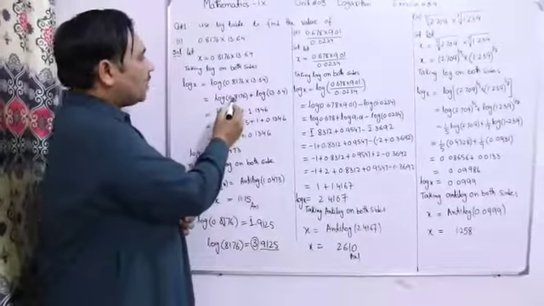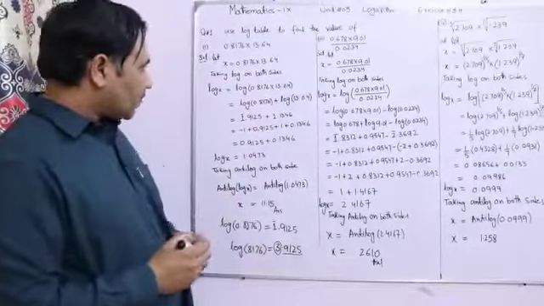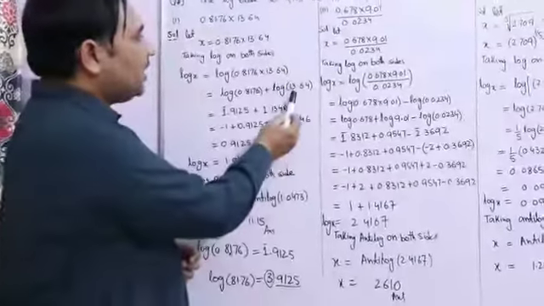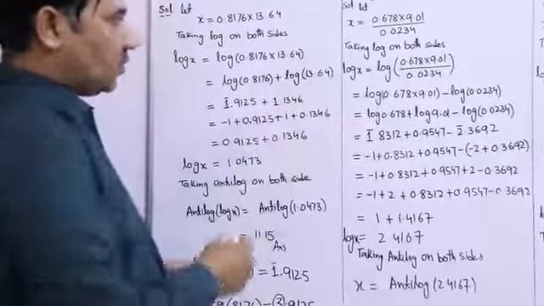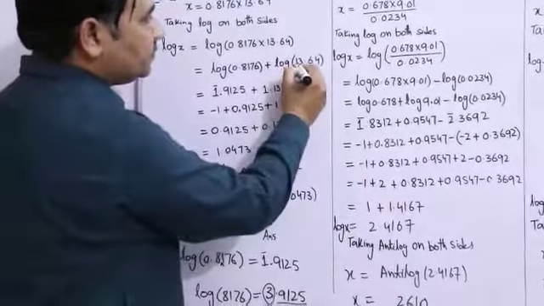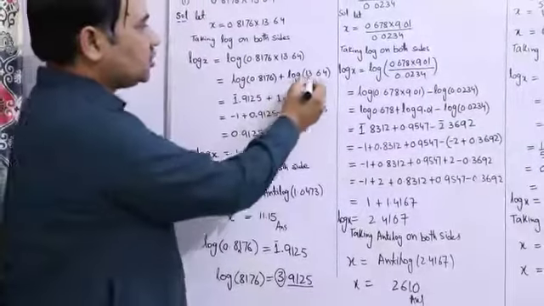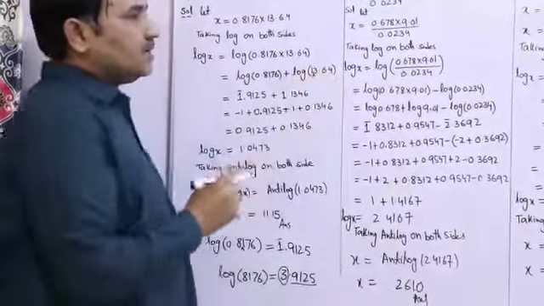Now log of 13.64. The first non-zero digit is 1, and after that is the reference position and the point is here.